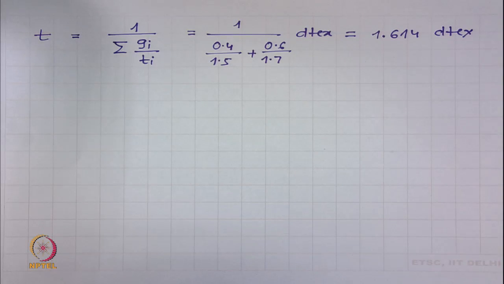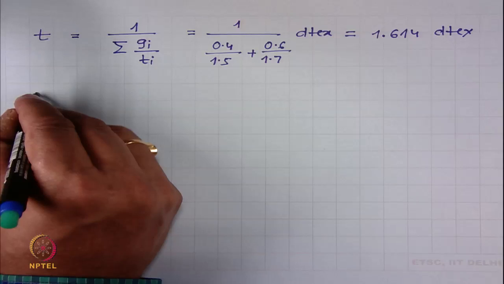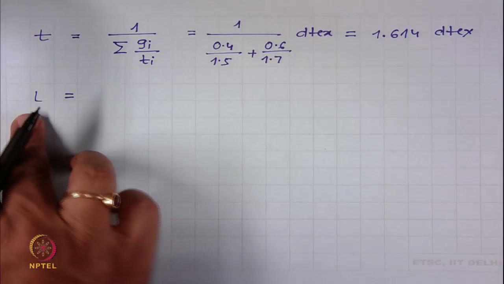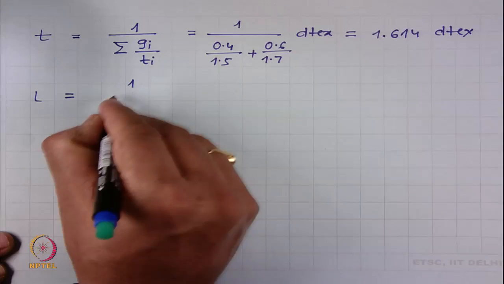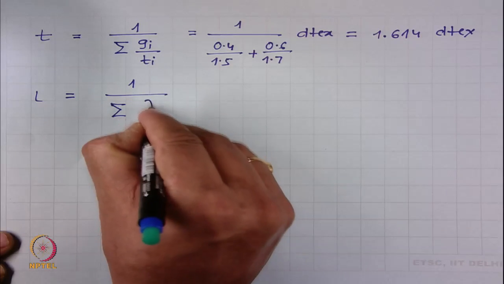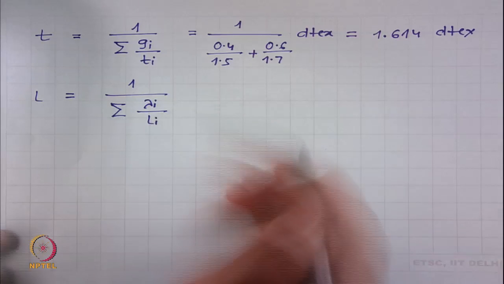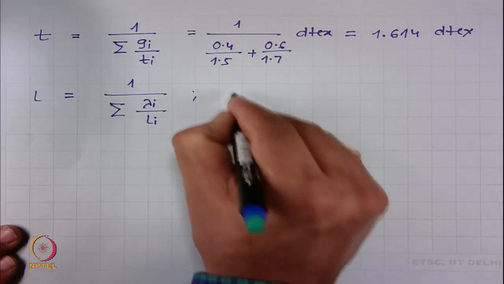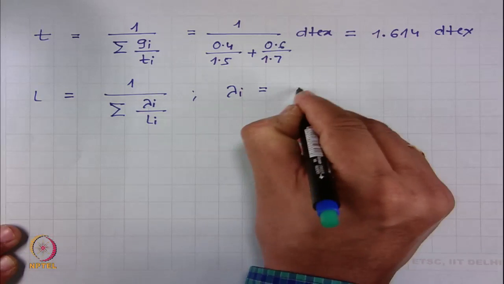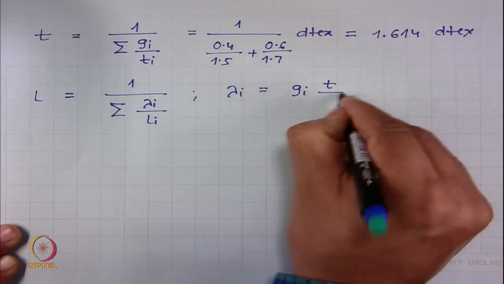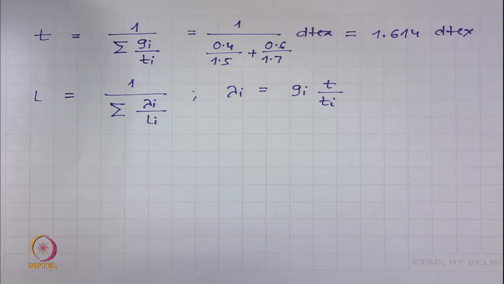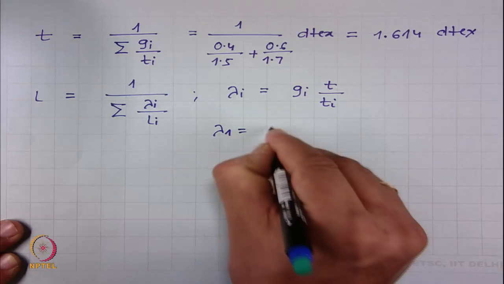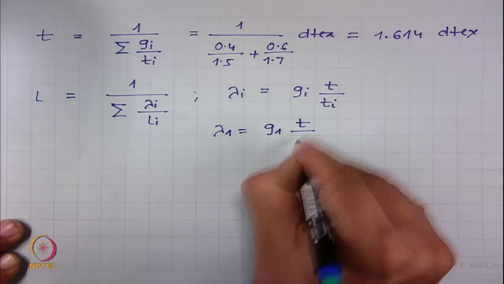Now, we calculate mean length L. What is the formula we have learnt? Mean length of fibers in the blend is 1 divided by the sum of length fraction by individual component length. Now, what is lambda i? Lambda i is Gi T by Ti. So, lambda 1 for cotton is G1 T by T1.